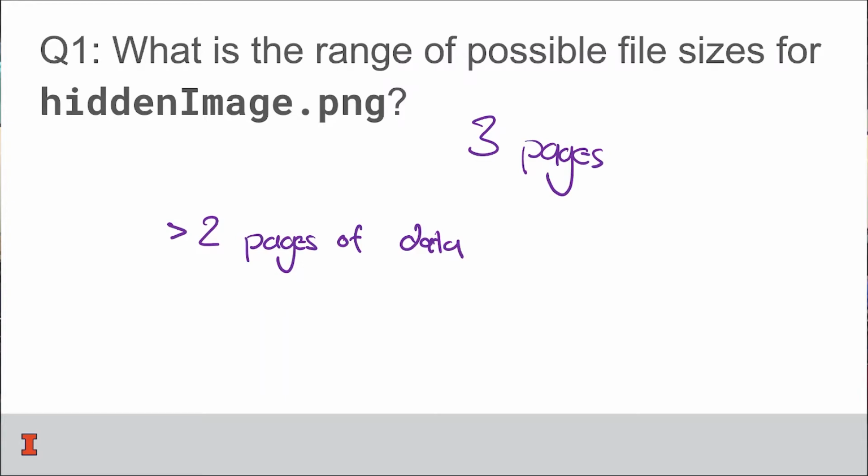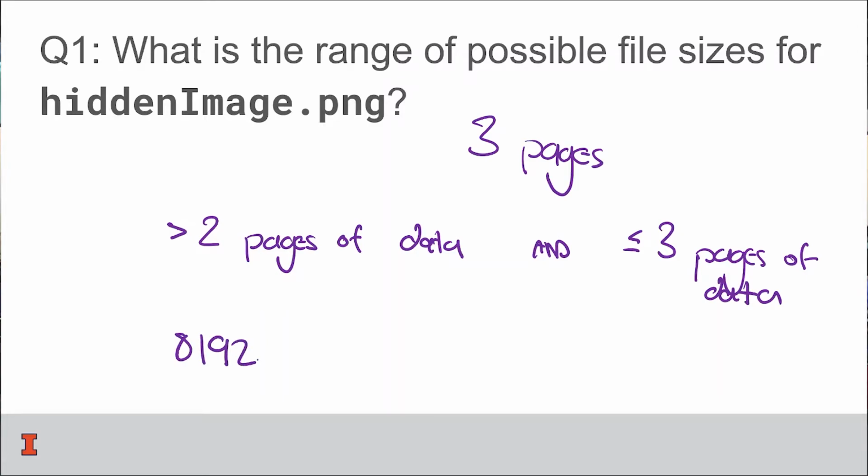So if we know the hidden image.png is 3 pages large, we know the actual number of bytes in that file is somewhere greater than 2 pages and somewhere less than or equal to 3 pages of data. So that means the actual possible file size is going to be somewhere between 8192 plus 1 bytes.